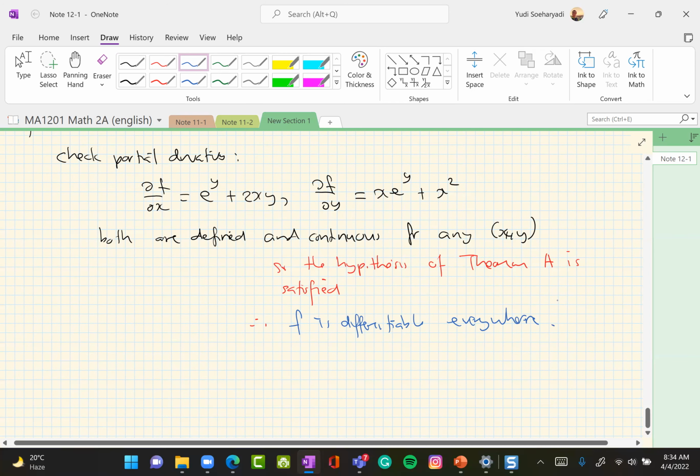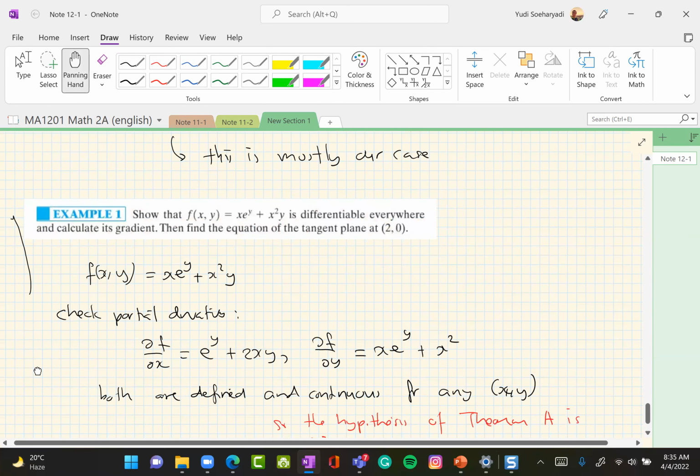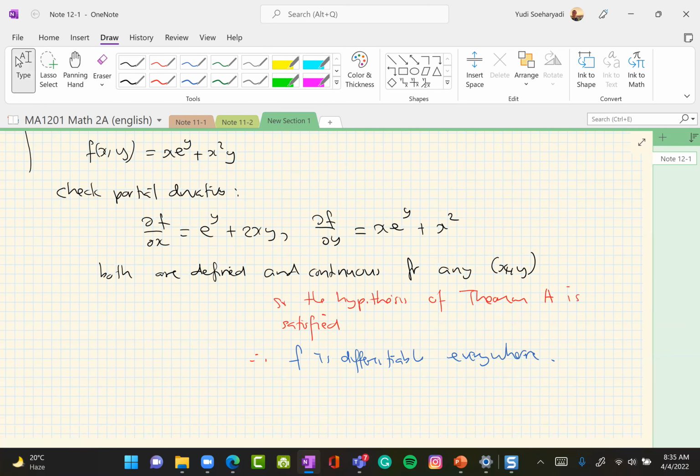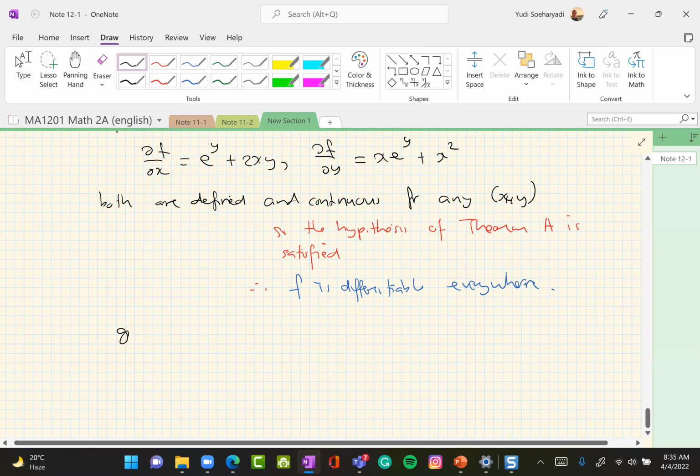And what's the next question? Calculate its gradient. Well, the gradient is just df dx, df dy, so a vector.